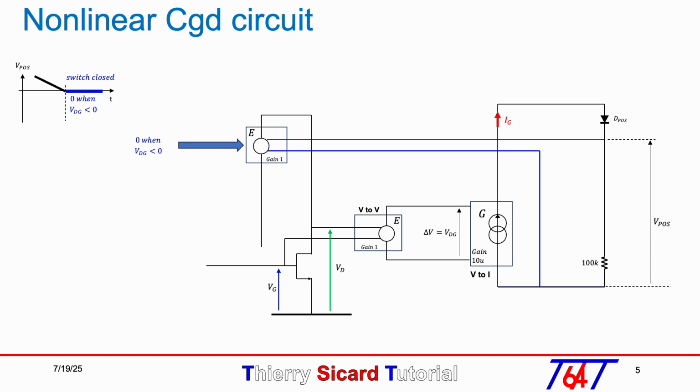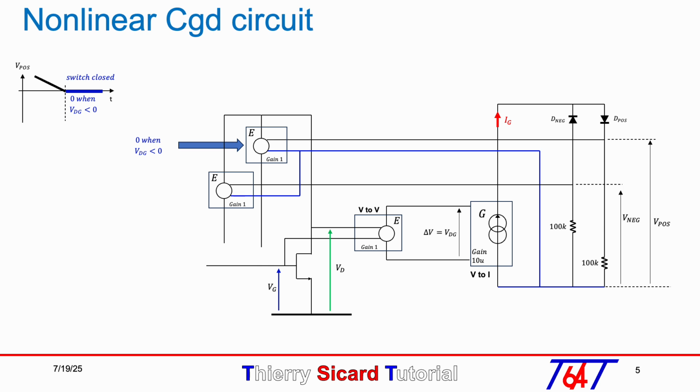The current minus IG flowing through the diode D-neg and the 100 kilo ohm resistor generate the signal V-neg, which represents only the negative portion of the voltage VDG. The voltage V-neg is equal to 0, which is equivalent to the switch being closed, when the voltage VDG is positive, as shown in the small graph of V-neg versus time.